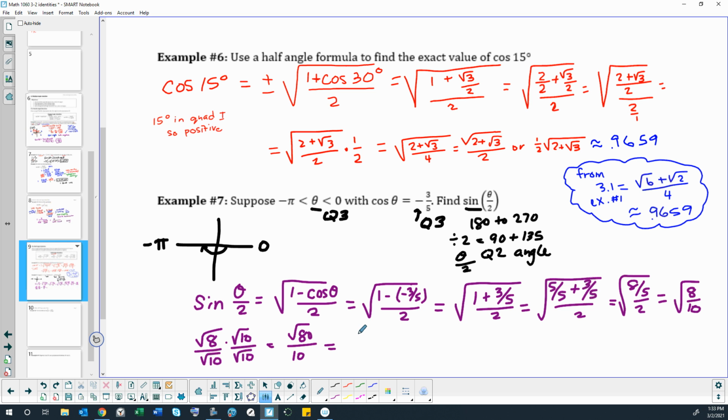And the square root of 80, let's see. 80 is divisible by 16, which is a perfect square. 16 and 5. So the square root of 16 is 4. And then 4/10 reduces to 2/5.